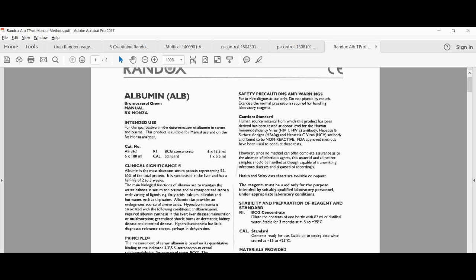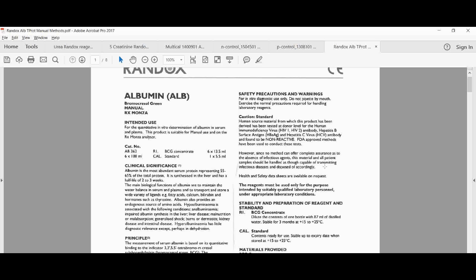But then it gives a sort of a disclaimer: since no method can offer complete assurance as to the absence of infectious agents, this material and all patient samples should be handled as though capable of transmitting infectious diseases and disposed of accordingly.